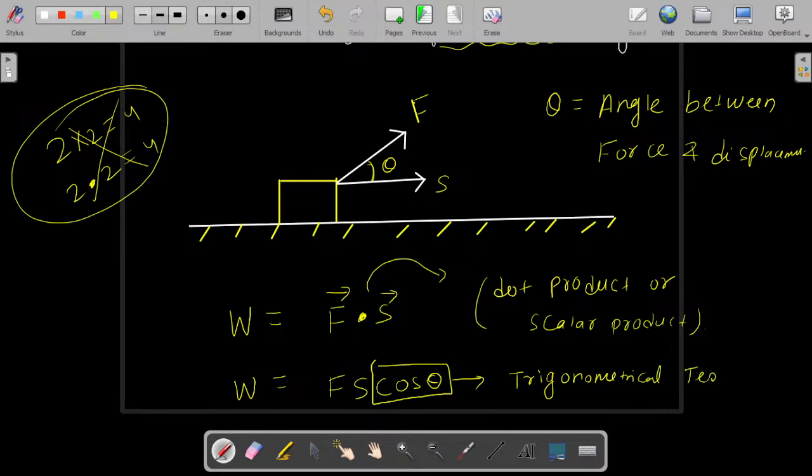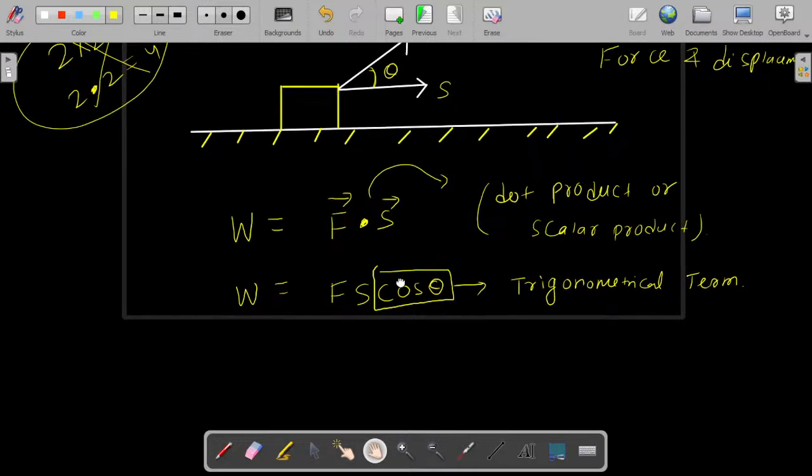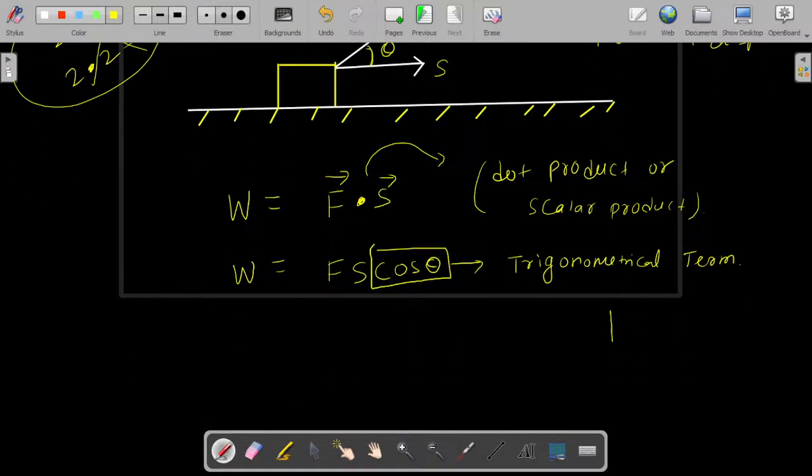You will study everything about trigonometry in class 10th, but I will give you a little hint. Suppose this is a right angle triangle. Draw it. This is the angle theta. Right angle means 90 degrees. Opposite of the 90 degree angle is the hypotenuse, so write hypotenuse here. Now this is the theta angle, and opposite of theta is the perpendicular.